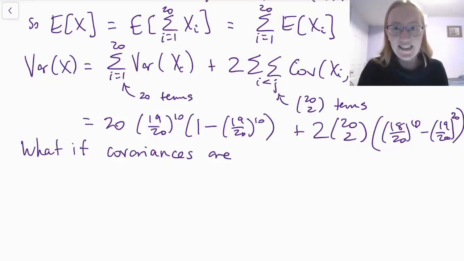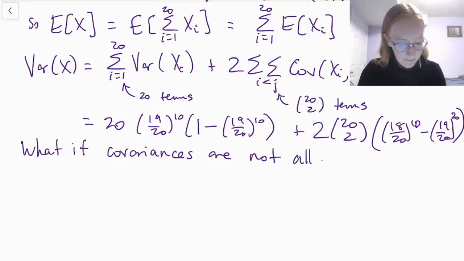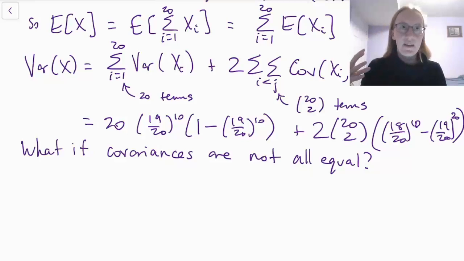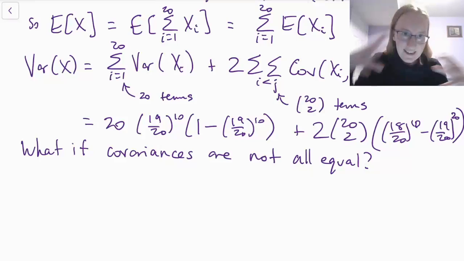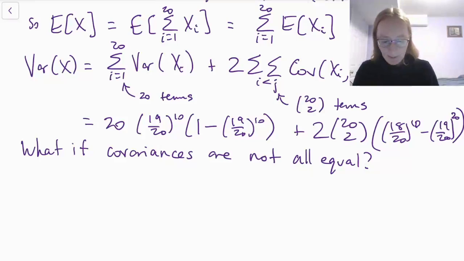So yeah, I'm going to return to this idea of what if the covariances are not all equal? Again, the way you can tell is if there's some physical relationship in space. Usually that's the way that you can tell. So I'm just going to borrow from one of the course notes questions, which I think was also on one of the Mobius quizzes.